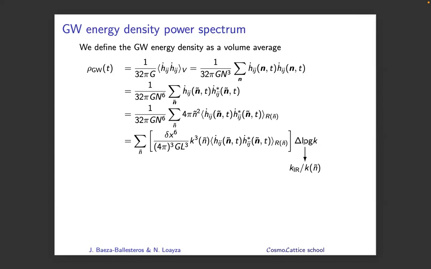I take this d log, so it's just to put it into a similar manner to how I defined the gravitational wave power spectrum before. I want to recast what I do in the lattice into that form. So if I just make the parallel, comparing what I did in the lattice to the expression that I showed you in the continuum, I can argue that what I call the logarithmic interval of the gravitational wave energy density power spectrum is what is written here.